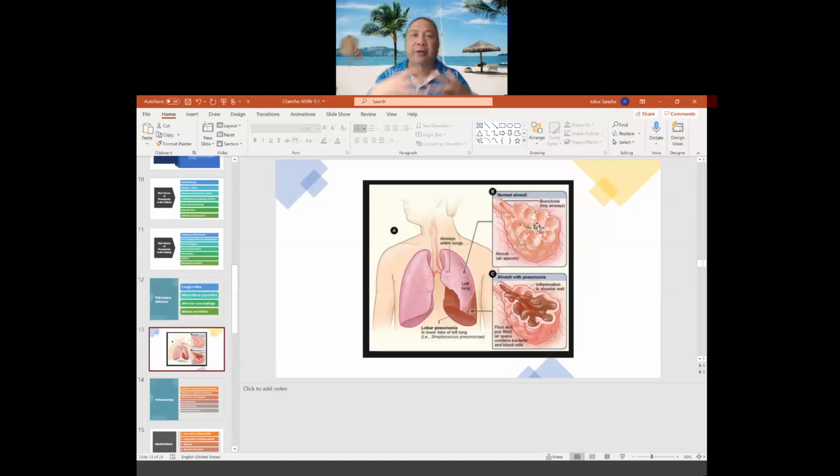However, if there is a lot of virus or bacteria present, then this macrophage can be overwhelmed and could not do its function, and it could result in pneumonia.